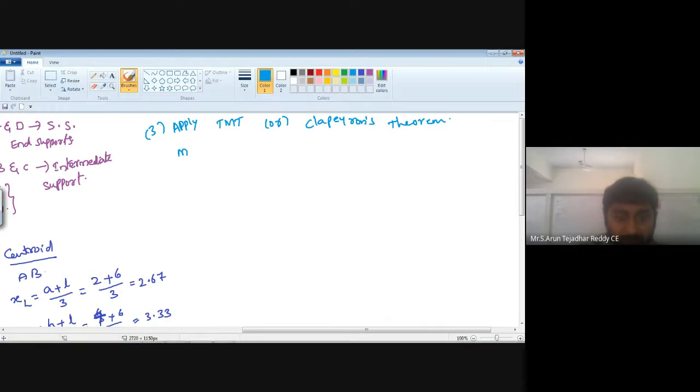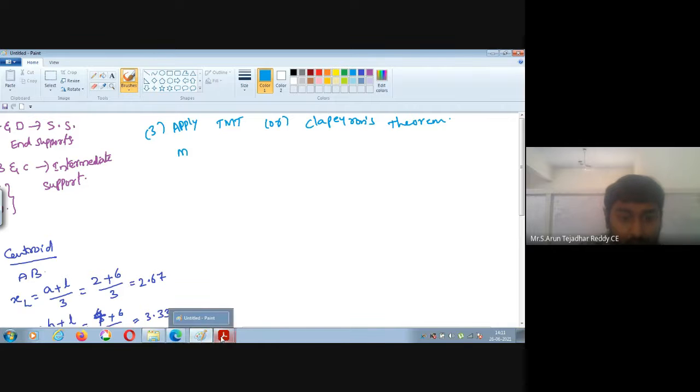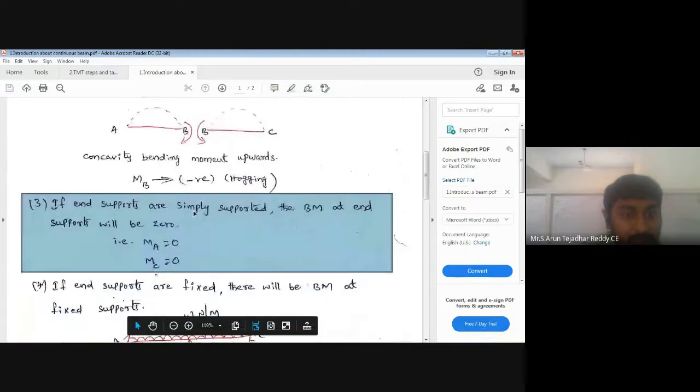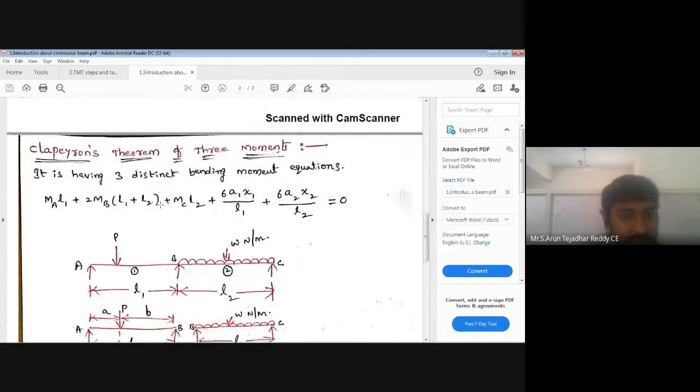See, before that, once again I'll show you our introduction. All of you, once read this sentence. First of all, it is Clapeyron's theorem of three moments. It means at a time we can solve three distinct bending moment equations.